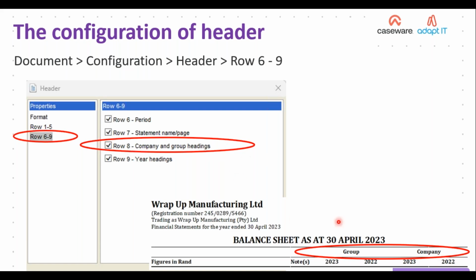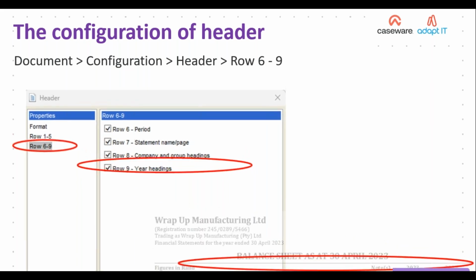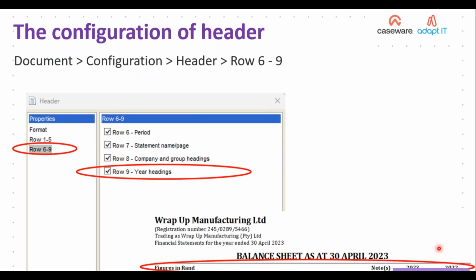You might want to deselect the group and company headings. Finally, the year headings, I'm sure you do understand this. This is the year that is printing everywhere onto your main reports and your accounting policies and notes. That's row number 9.